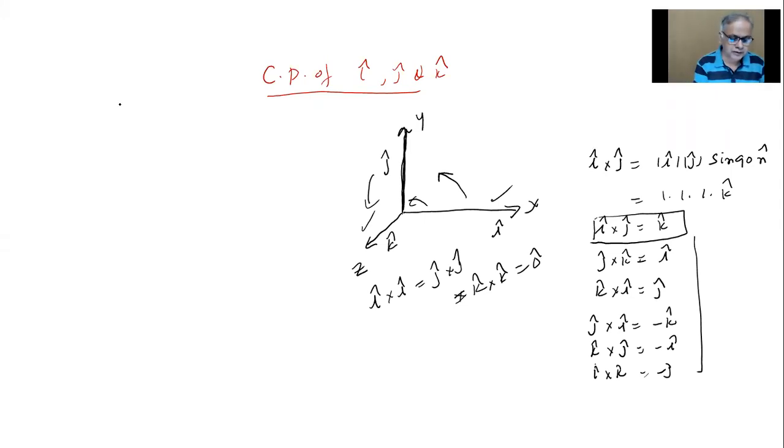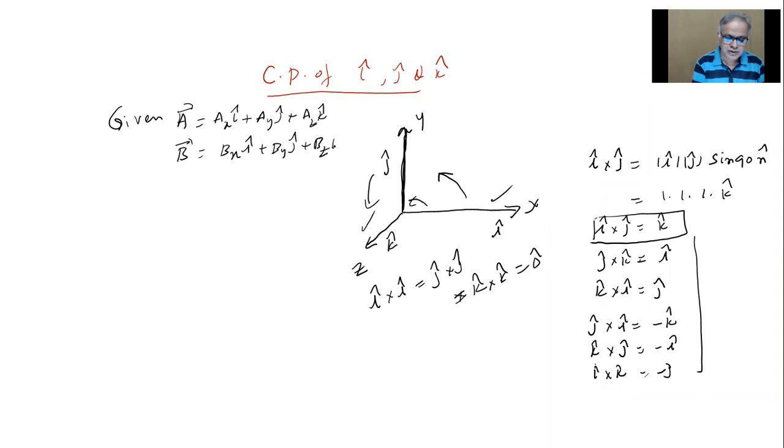Now, given A equals AX i cap plus AY j cap plus AZ k cap and B equals BX i plus BY j plus BZ k, find A cross B. So just follow this rule and write.